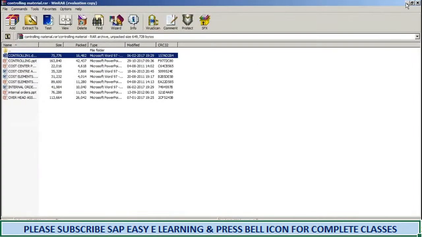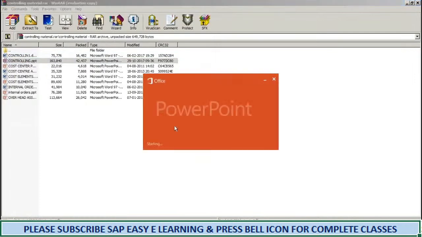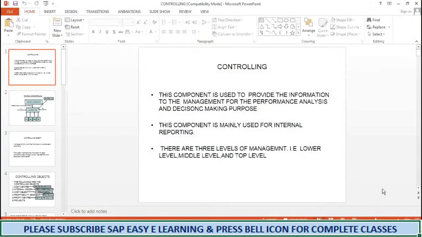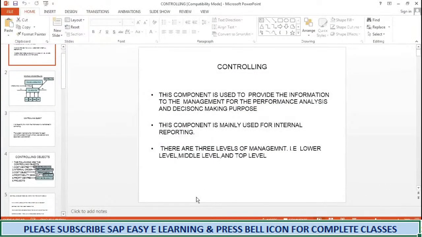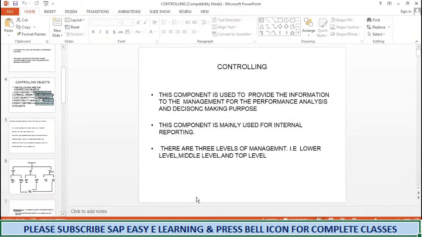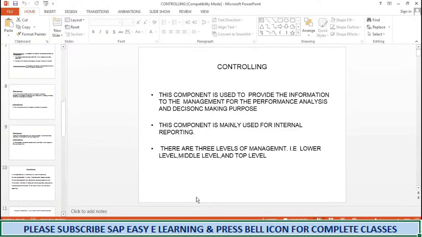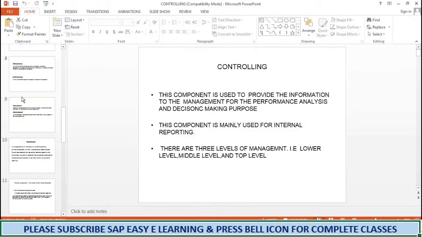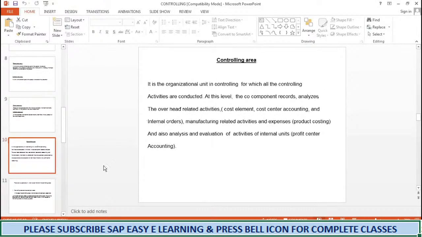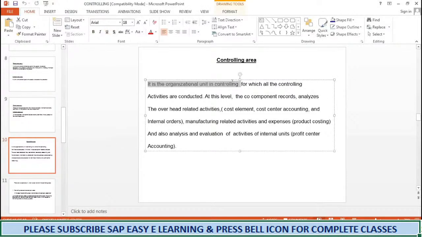What is controlling area? See, controlling area is the organizational unit in controlling for which all the controlling activities are conducted.